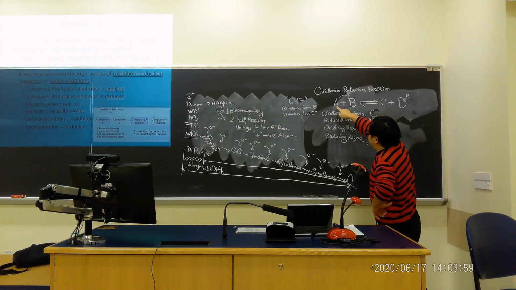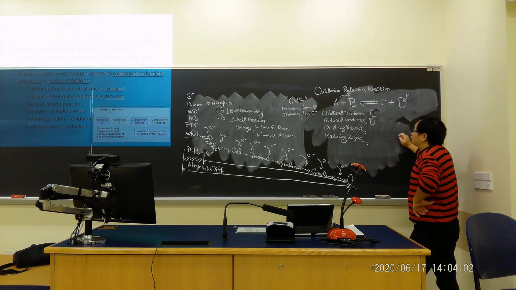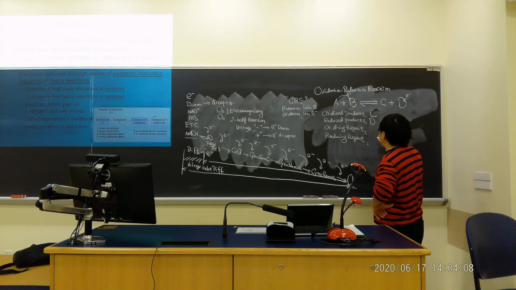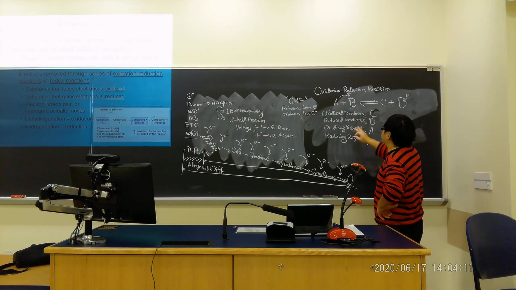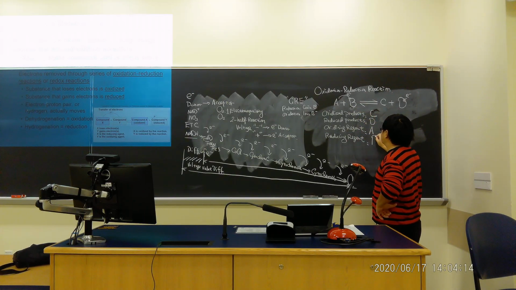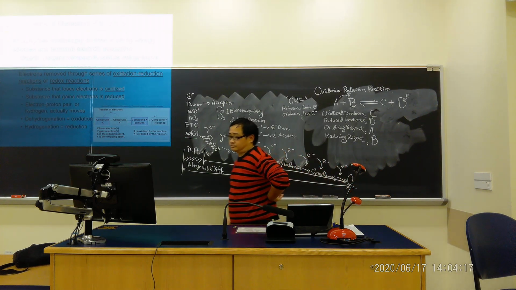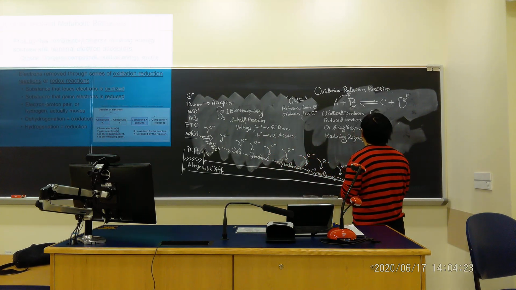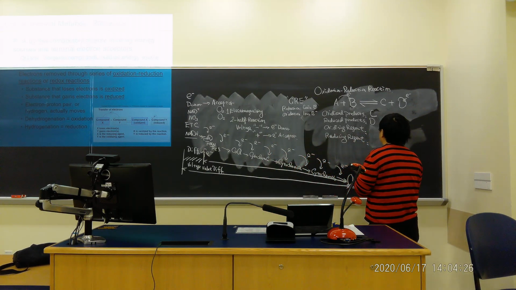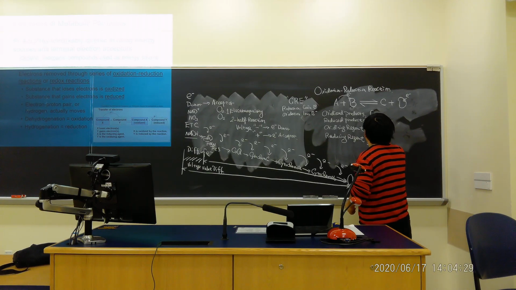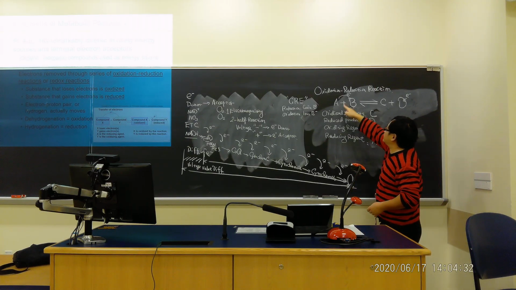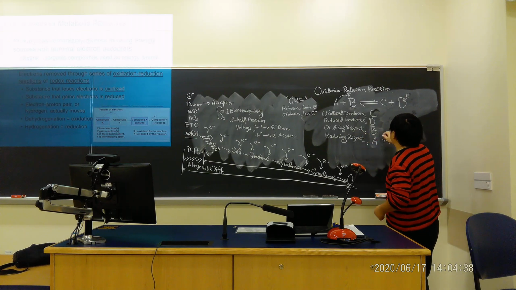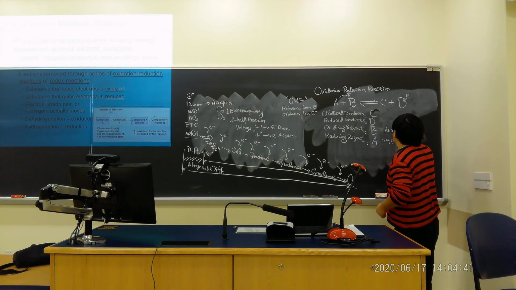Now, for the chemical going from A to B, A is oxidized, so A is a reducing reagent and B is an oxidizing reagent. Sorry, it should be like this. Reducing reagents supply electrons, and oxidizing reagents accept electrons.